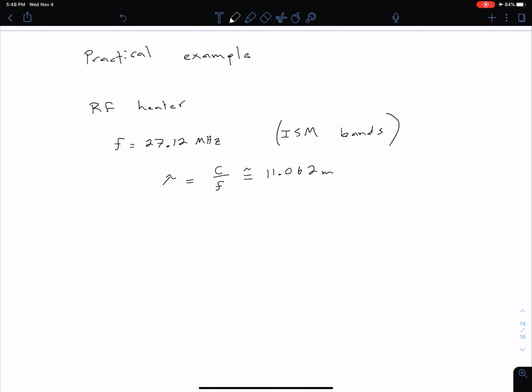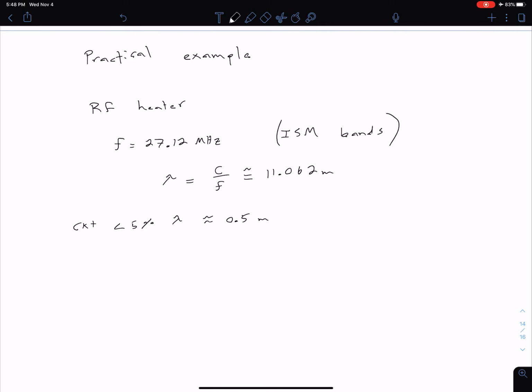So if we want a circuit with this RF heater to not be emitting electromagnetic radiation, remember we said we want our circuit to be smaller than 5% of our lambda. In this case, that's approximately half of a meter.